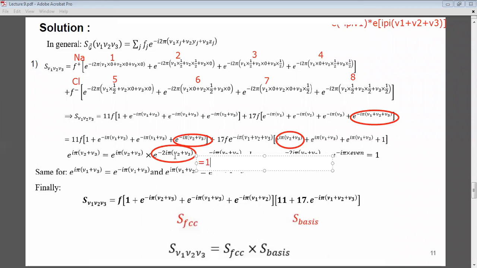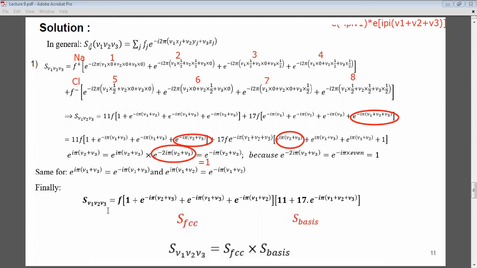Why equal to 1? Because this is an even number, and e to the minus even number times i pi is 1. So this is equal to this times this, but this times this is e to the minus i pi (v2 plus v3). So it's the same for the two other terms.